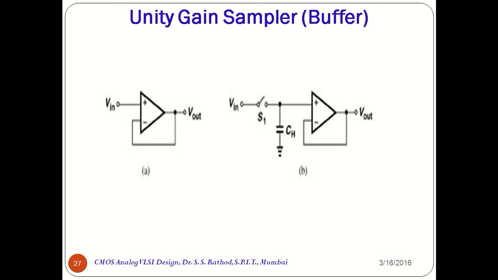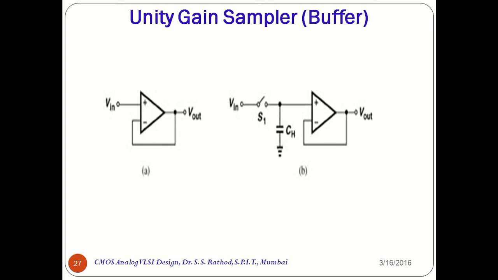So let us first consider a unity gain sampler. This is the circuit which we call a unity gain amplifier. The first part is basically a buffer and it is continuous time. We want it to be used as discrete time, and hence we connect a sample and hold circuit at the input.